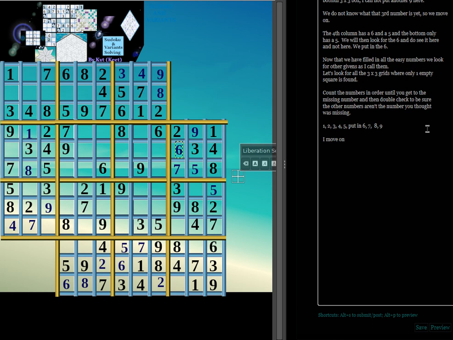I move on to the far left side and count 1, 2, 3, 4, 5. Put in 6, 7, 8, 9.